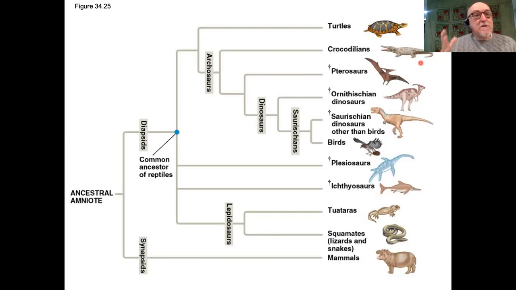If you've ever seen movies or seen them live, you'll realize that they have that typical reptilian stance, and as they move on land, they move relatively inefficiently, because every time they pull a leg forward, they have to sway the rest of the body behind it to move. Now, those are the crocodilians.